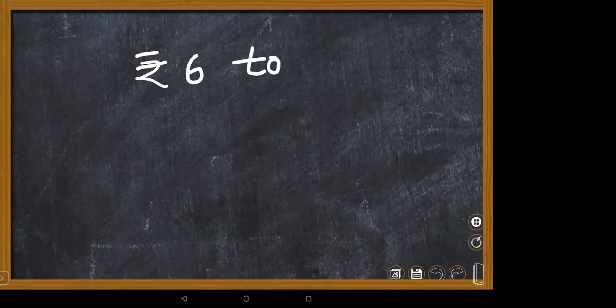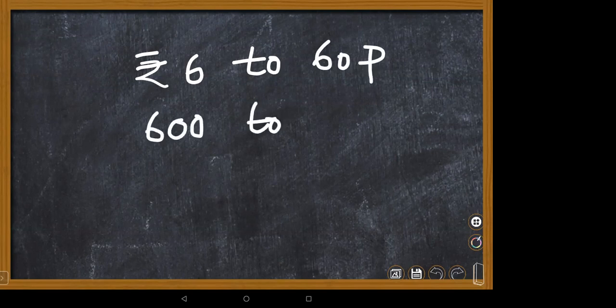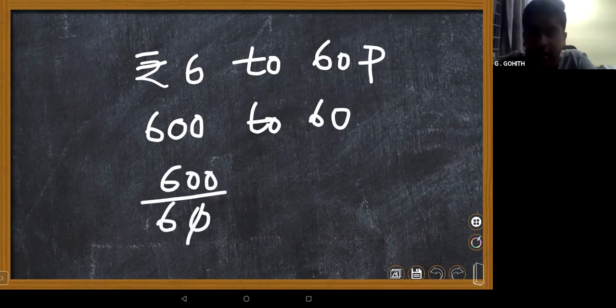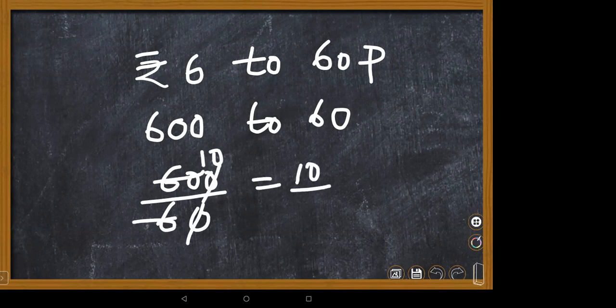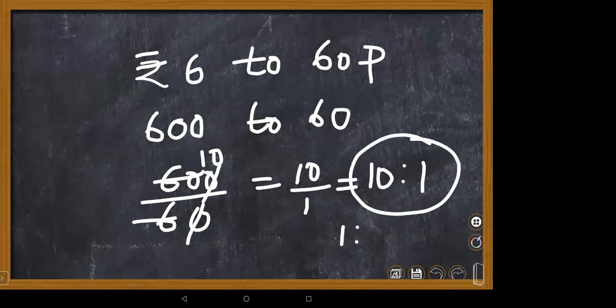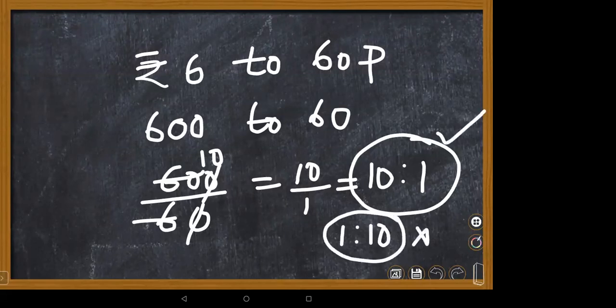No. Rupees 6 to 60. Both, we are converting 600 to 60. That's why most good students also... Ma'am, I didn't convert it, I just did it directly. No. 10 by 1 you will get. 10 by 1 can be written as 10 is to 1. But children, good students, what will they do? They will keep 1 is to 10 in the exam. This is wrong. This is correct.